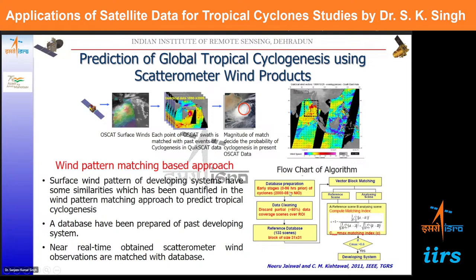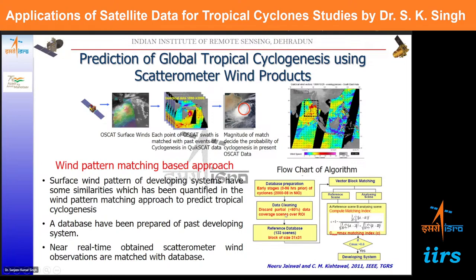During that time, they took images from QuikSCAT. QuikSCAT is also a scatterometer satellite providing wind. They took the data during the cyclone phase, from low pressure up to cyclone formation, starting T minus 96 hours before the tropical cyclone was declared. The next step was data cleaning.